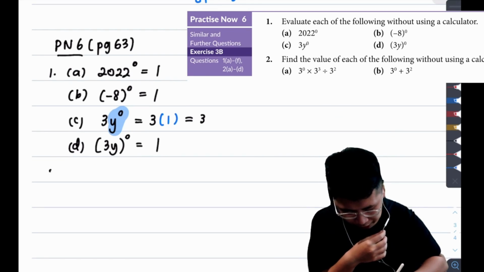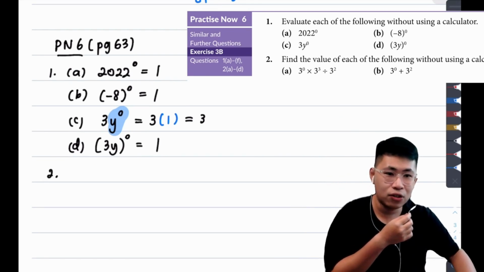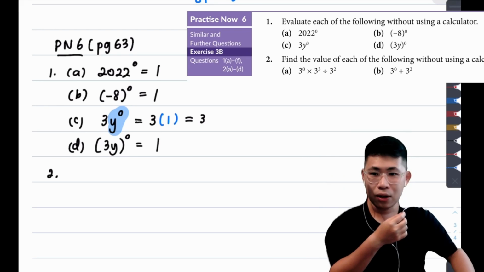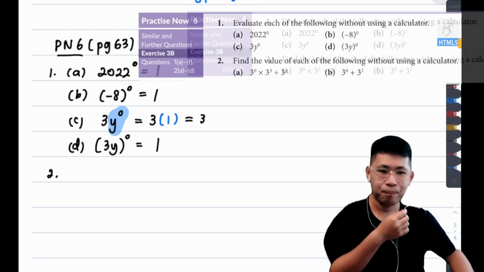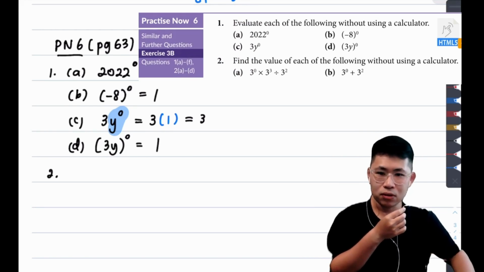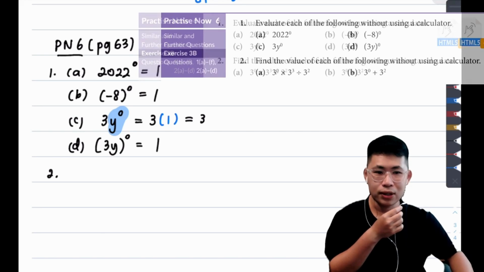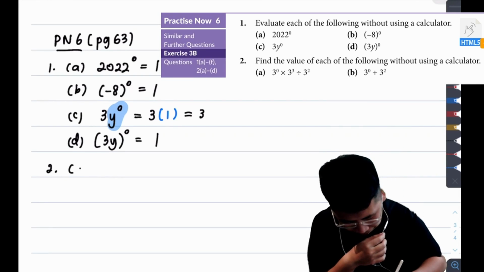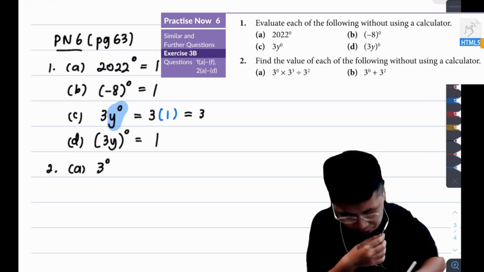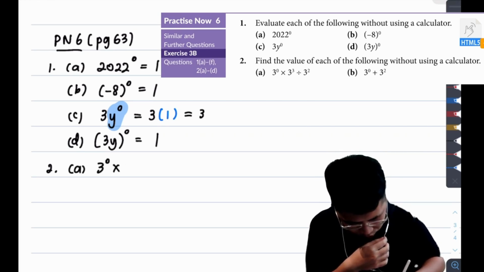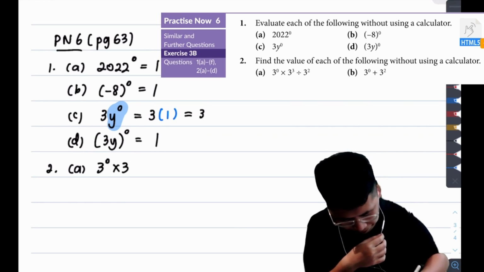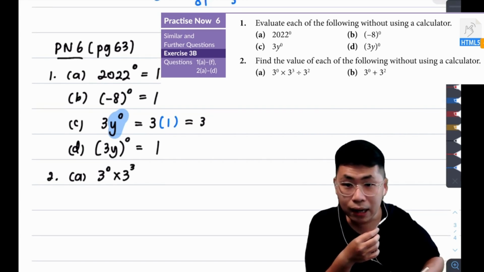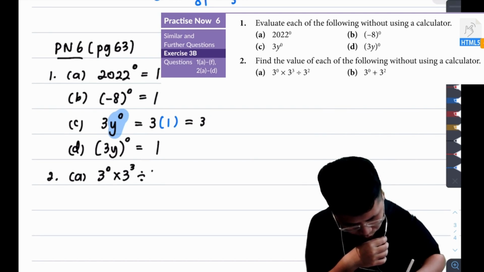Now for number 2, same thing. Find the values of each of the following without using a calculator. Okay, we have these things over here. A, 3 to the power of 0 times 3 to the power of 3 divided by 3 squared.